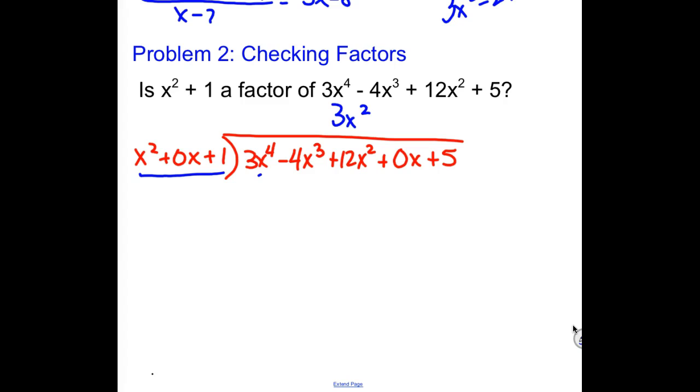So 3x squared times x squared is 3x to the 4th. 3x squared times 0x. I want you to think about that for a minute. 3 times 0 is 0. X squared times x, so I am going to end up with 0x cubed. Notice that lined up with my other x cubed. And then multiplying it to the 1, I just have 3x squared.